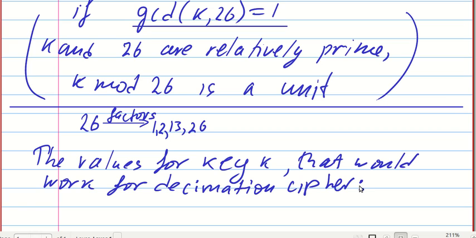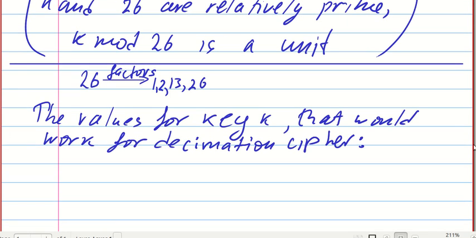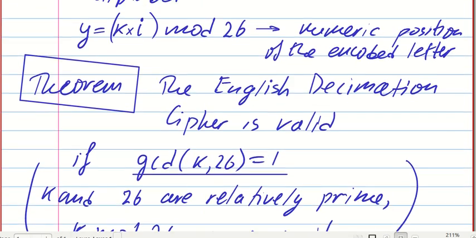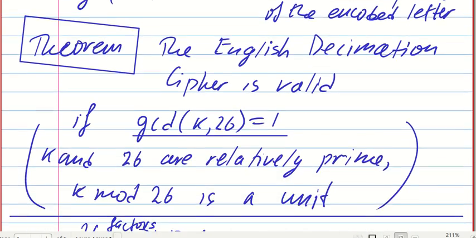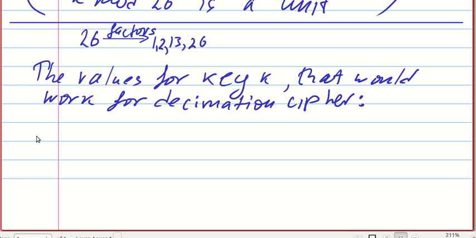Let's try to list them. They cannot have factors of 2 or 13. Let's think about 1. If we multiply anything by 1, remember, it's a multiplication cipher, it's the same number, so it's not really useful to have k equal to 1. So 1 we're going to skip.